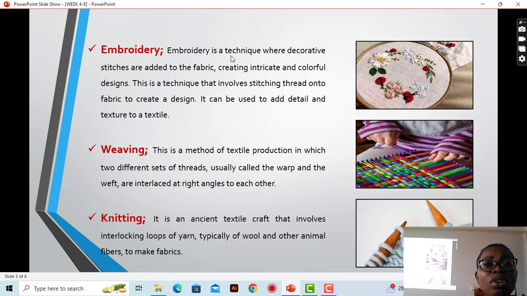Right. So embroidery is a technique where decorative stitches, or let me even explain it. You have your fabric just like the white one here, and then you get your design, the design you want to fill in with your thread. First of all, you have your embroidery frame, and then you insert your fabric into the embroidery frame and tighten it.